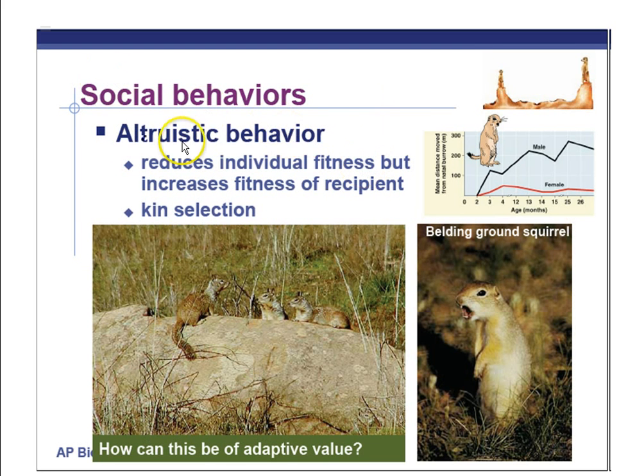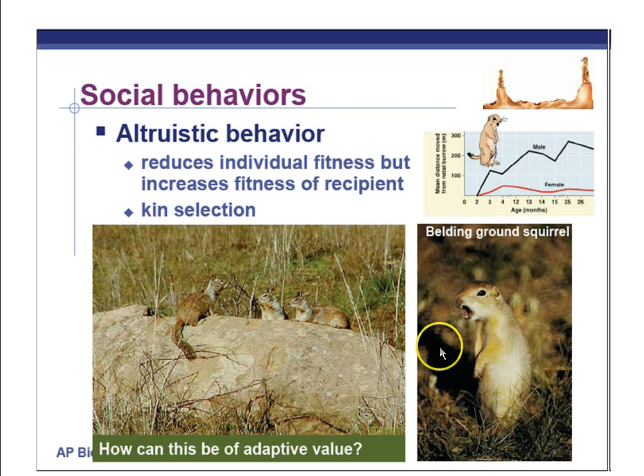All right, social behaviors. We have altruistic behaviors, or why would animals act nice to another animal? Well, it involves kin selection. If all the family members, your kin, have the same gene for warning by making noise or stomping your foot or whatever it is, that allows you to warn your fellow family members of danger, then the gene survives, even though it does provide a slight disadvantage to you if you're the one calling out that warning, because that's going to attract attention to you.